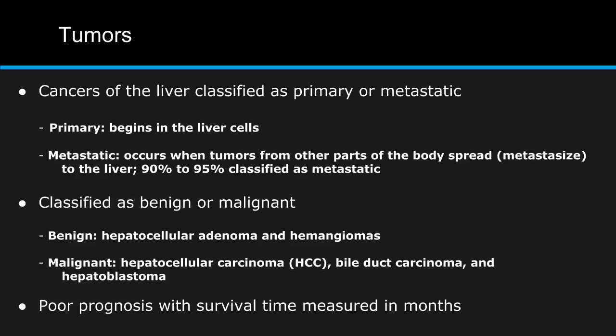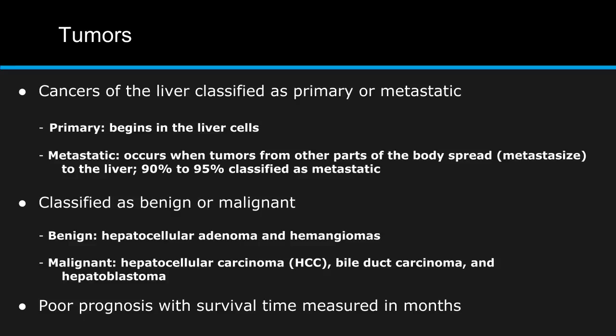The common benign tumors of the liver include hepatocellular adenoma, a condition occurring almost exclusively in females of childbearing age, and hemangiomas, masses of blood vessels with no known etiology.